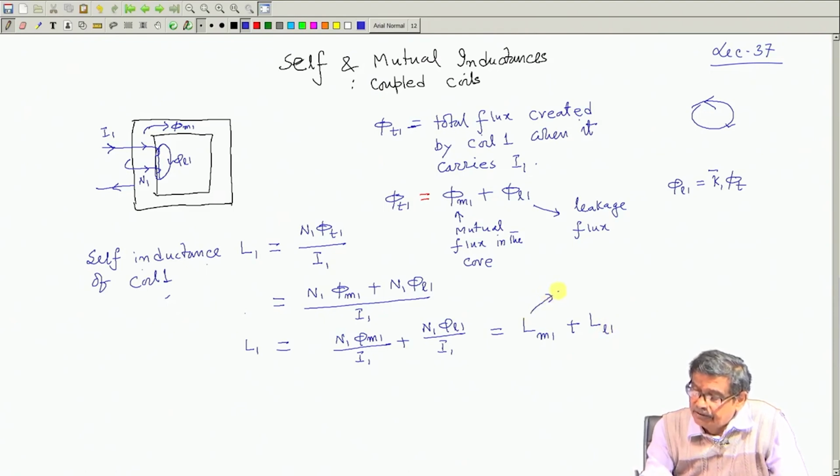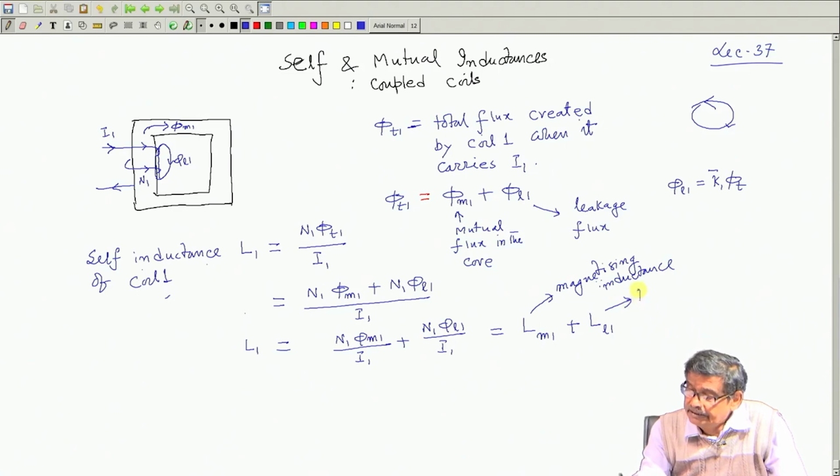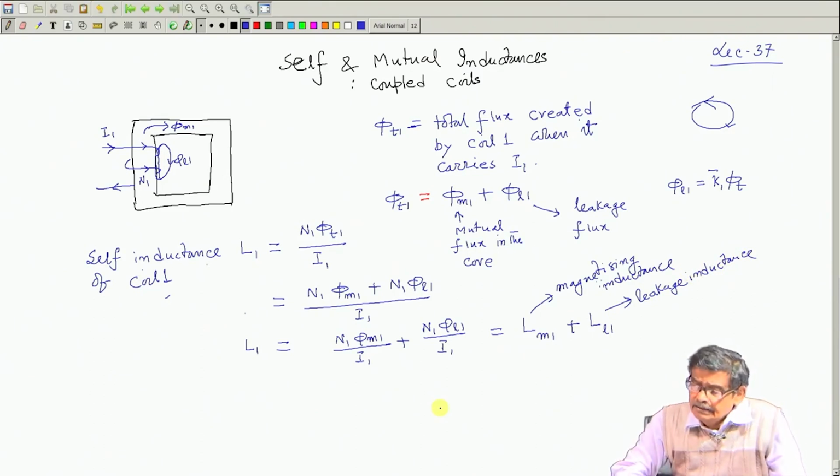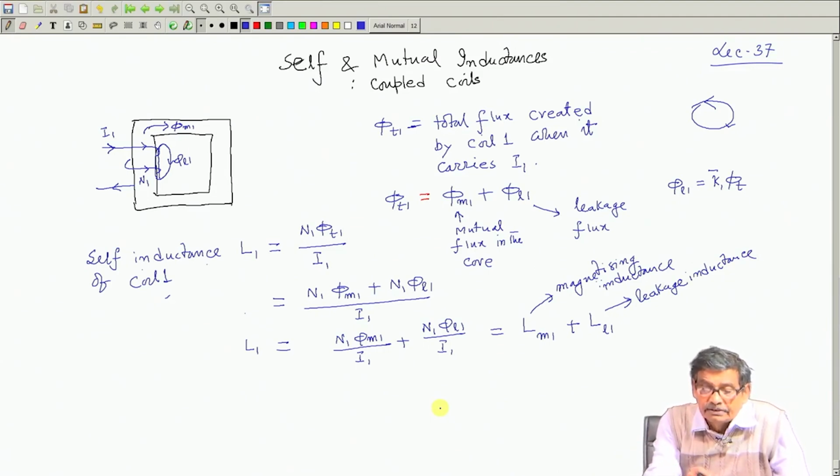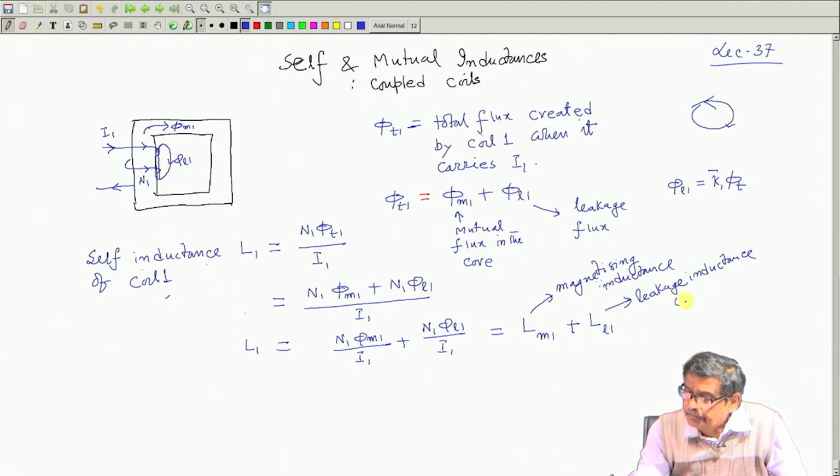So, the self inductance of a coil has two components in general: a component contributed by the mutual flux, this phi m1 being the mutual flux, and another component due to leakage flux, and this inductance will be pretty small.